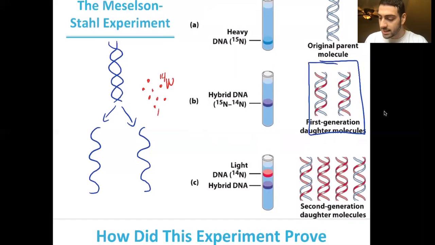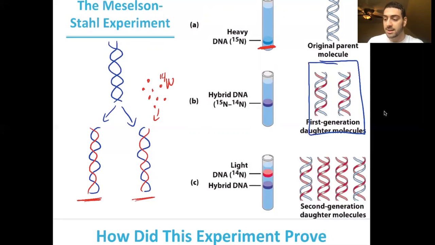And they're going to create the daughter strand, which is lighter than the heavy stuff. And you're going to get a hybrid of N15 heavy parent and N14 light daughter. And then when you lyse the cells, you extract the DNA and you centrifuge it down, you'll see that you'll get a band that is higher than the heavy stuff, but also lower than the pure N14 DNA.